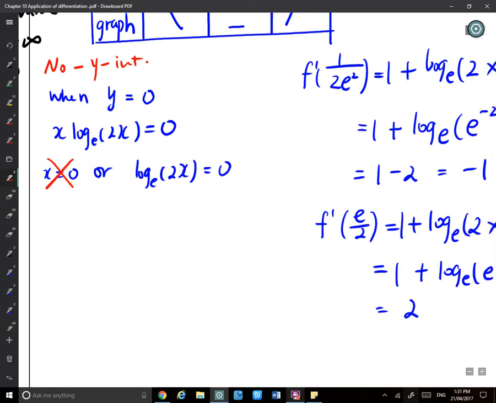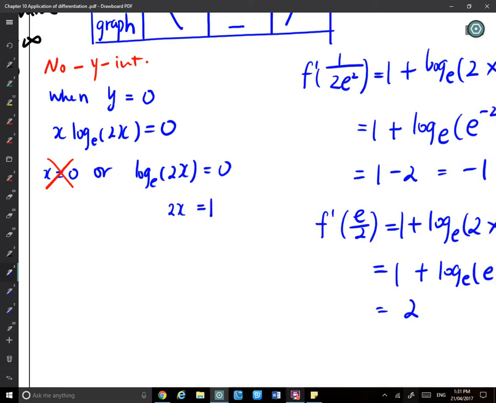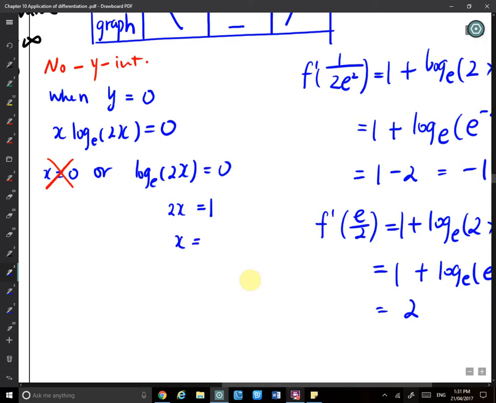We use the null factor law to say either this is 0 or that is 0, but actually x is not 0. Therefore, 2x must be 1 because log e 1 gives 0. Or you say 2x equals e to the power of 0, that is 1. Then x is a half. So the x-intercept is a half comma 0.